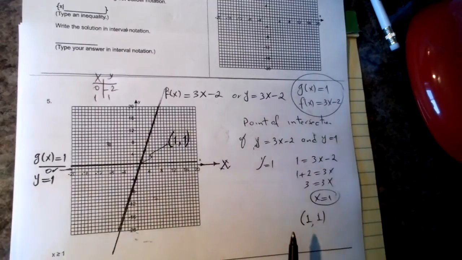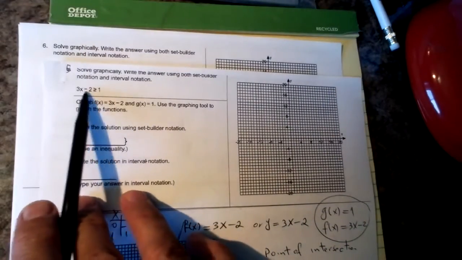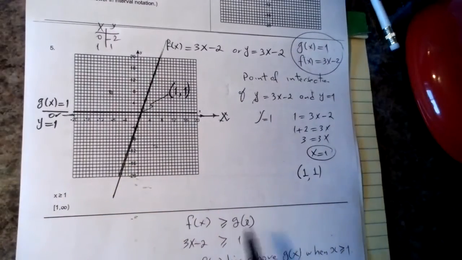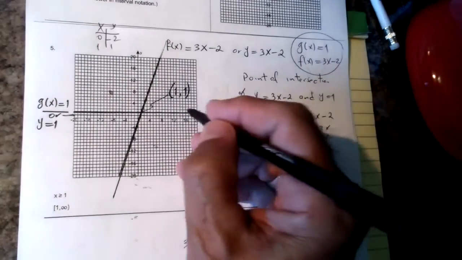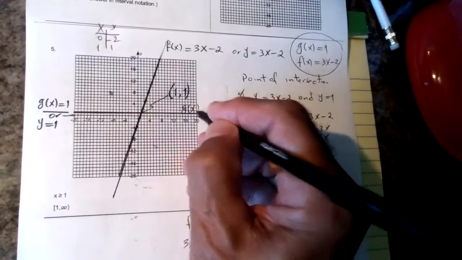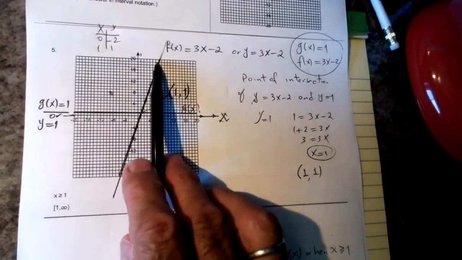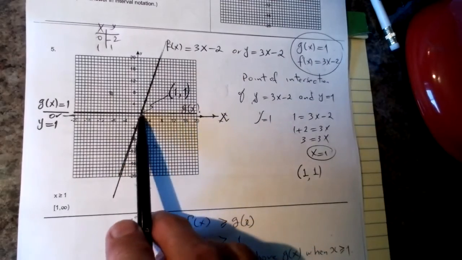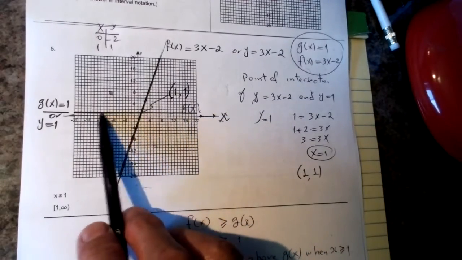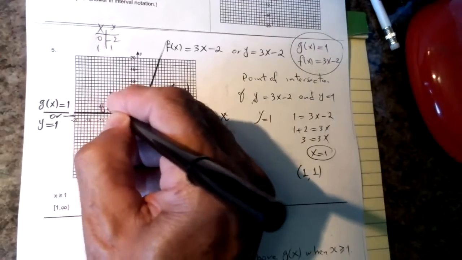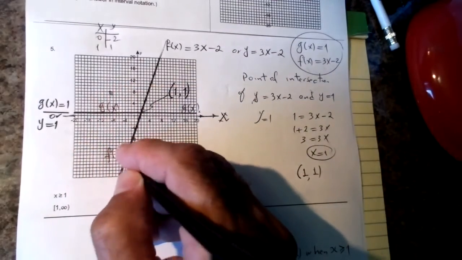The original problem said that f of x is greater than 1, which is g of x. So the original problem states that f of x is greater than g of x. So you look here: greater than 1, g of x is below f of x, meaning f of x is greater. But when you go beyond this point, g of x is above f of x.